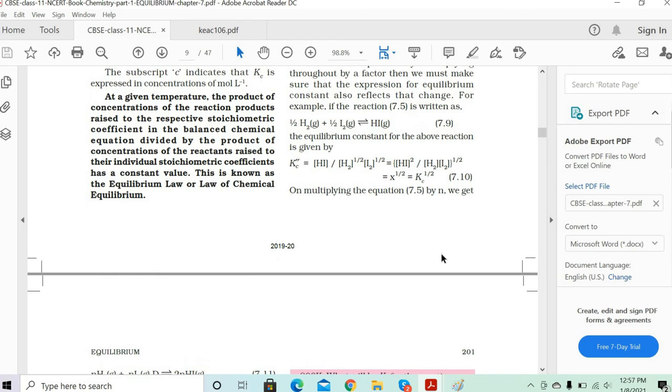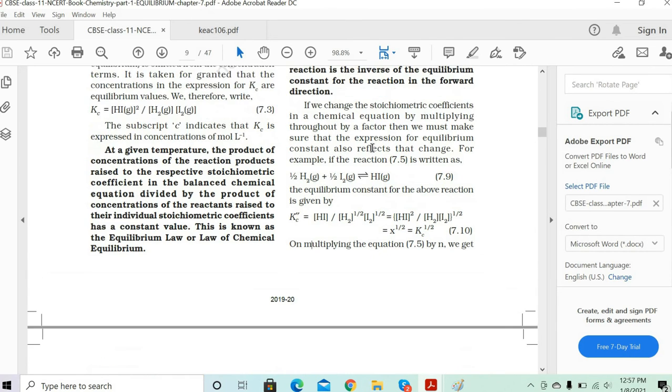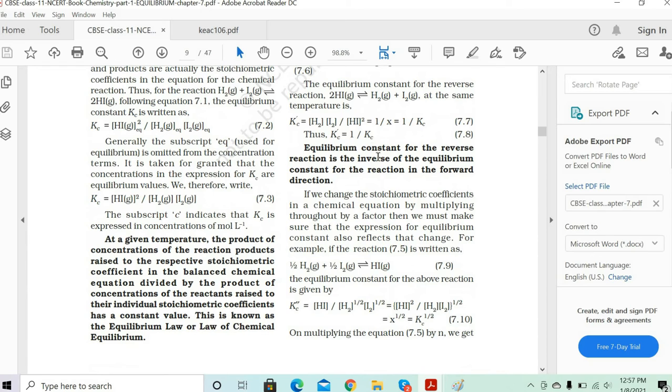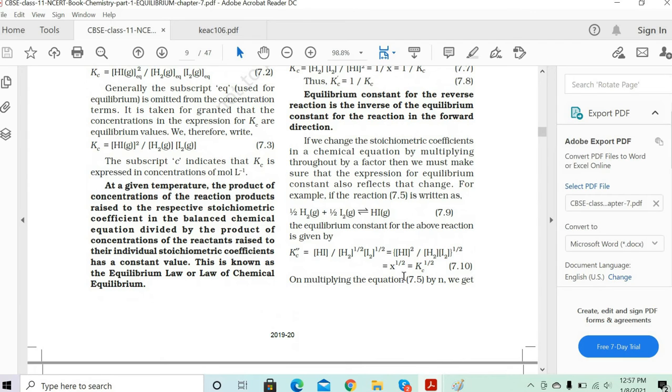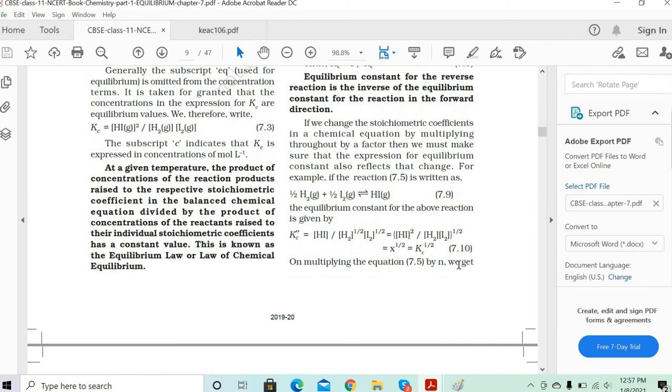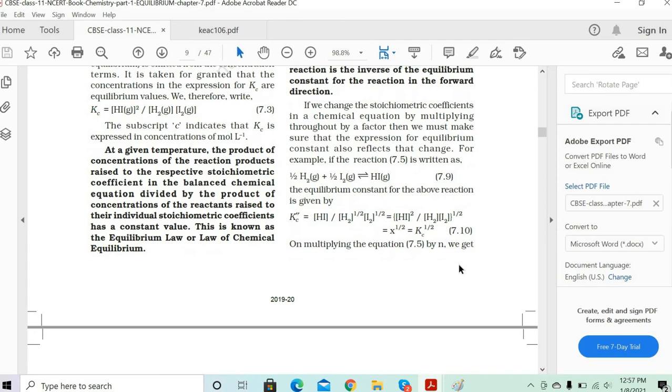So the equilibrium constant of the new reaction is basically Kc to the power 1 by 2, the square root of Kc. We already saw that Kc was equal to some value. Let's say for the forward reaction Kc was equal to x, so it becomes x power 1 by 2, and that is the equilibrium constant of the above reaction.